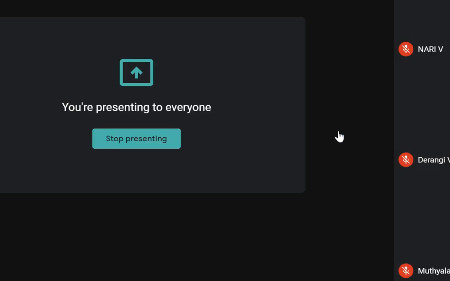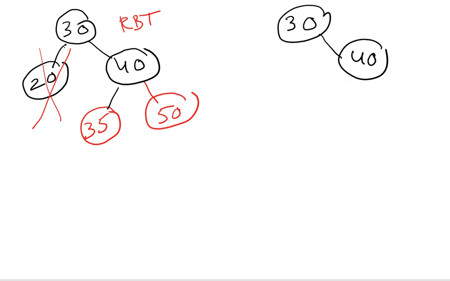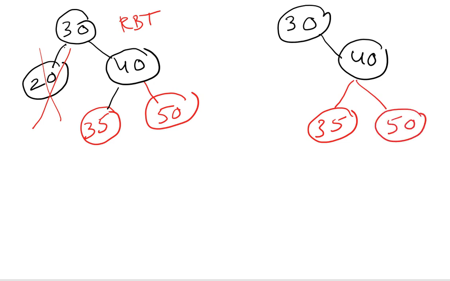Now here I want to remove 20. If I want to remove 20, how will the tree be? 30, 40, 35, 50.